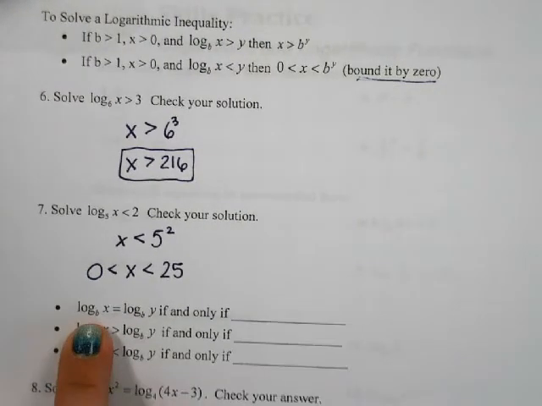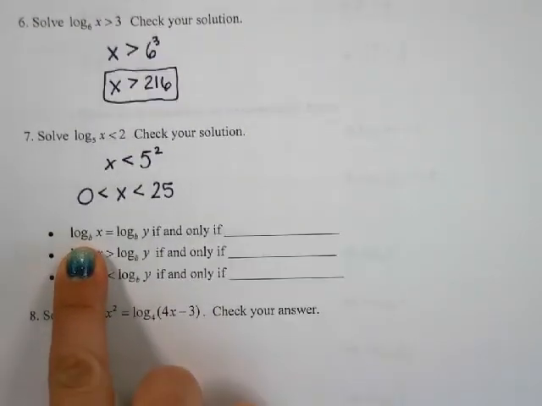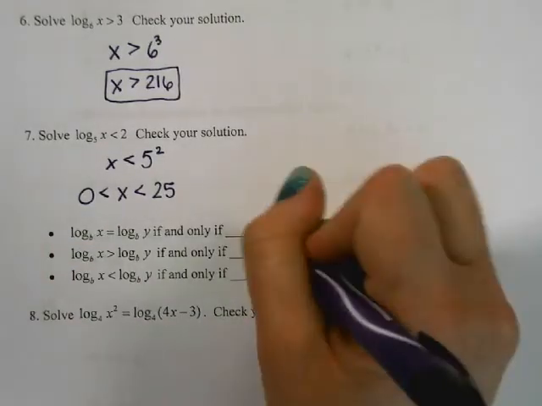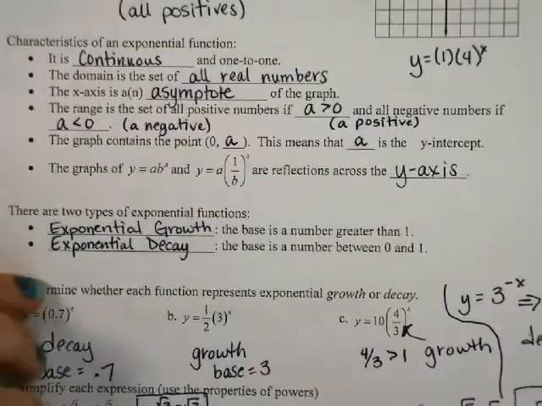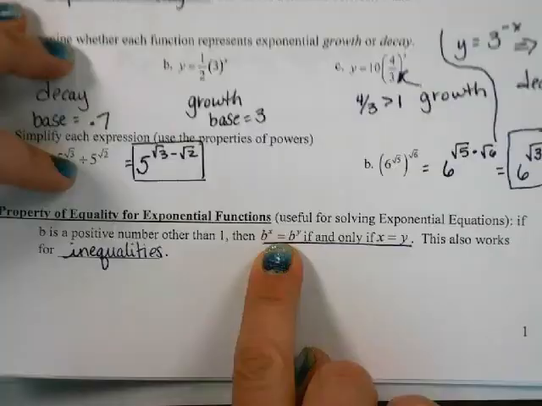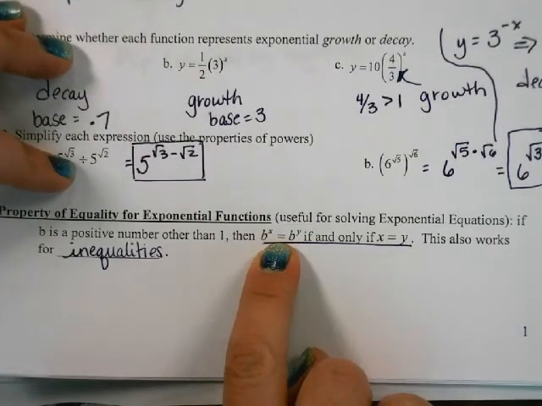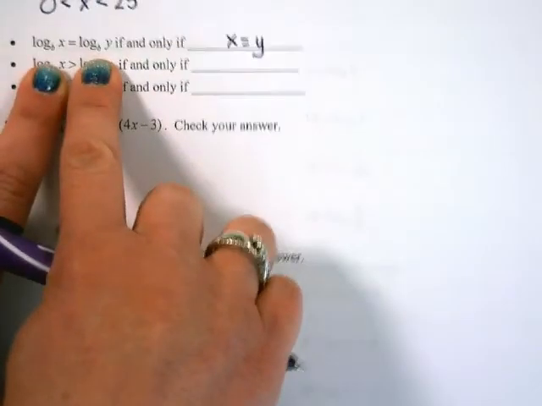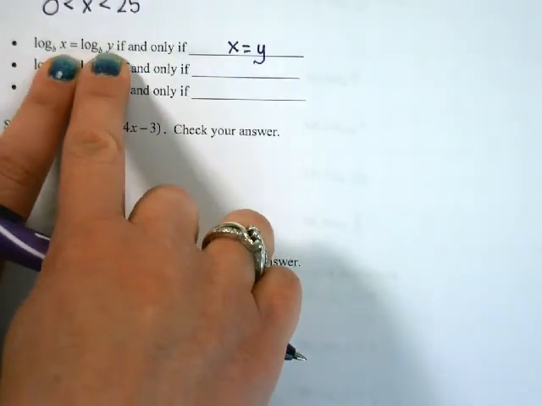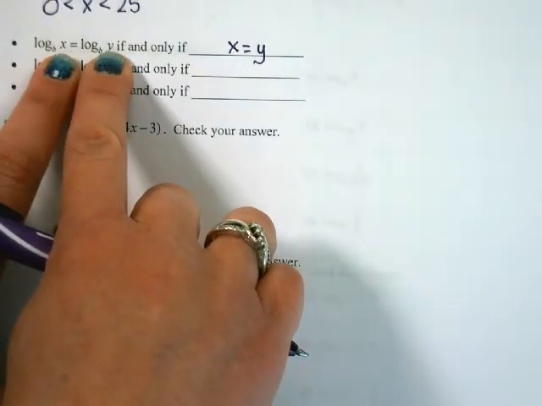So here, this first bullet says log base b of x is equal to log base b of y if and only if x equals y. Well, that's kind of like our rule on the very first page that said if the bases are the same, I can just play with my exponents. Well, the bases are the same. They just have a log with them, so I can just play with my x and my y.